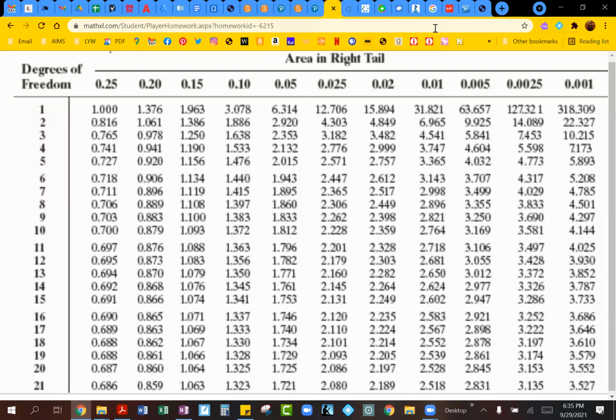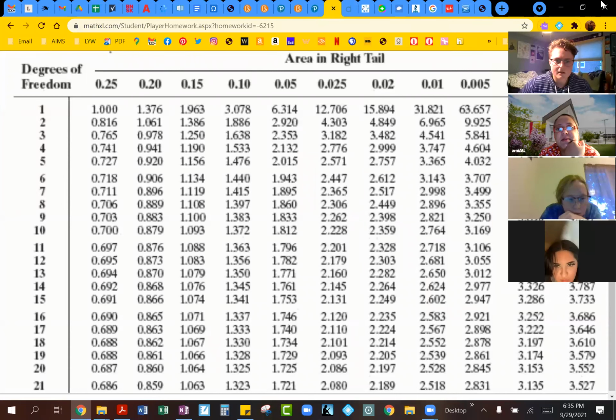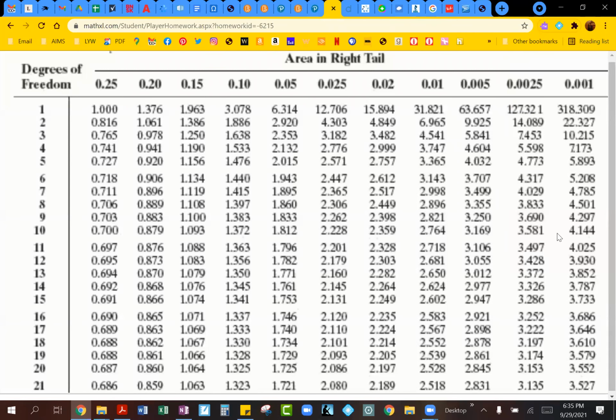So what number do you guys select? I see 3.106. Alrighty, very nice. So 11 over here, 0.005 over here, and yeah, 3.106. So as you can see, since your t value is going to change, obviously our interval will also end up changing.